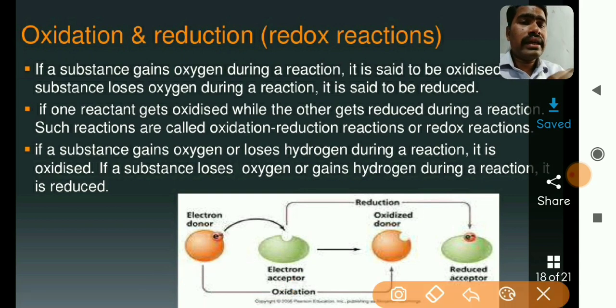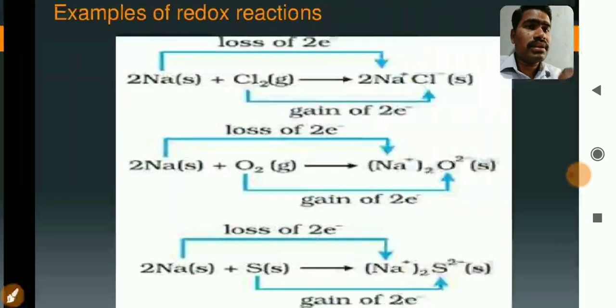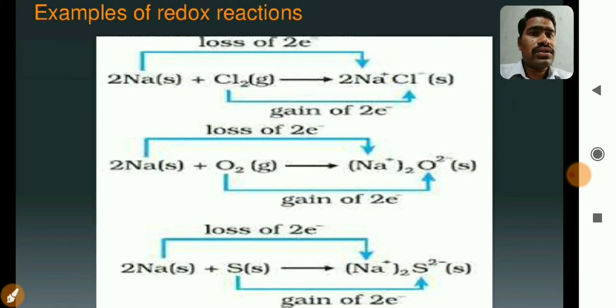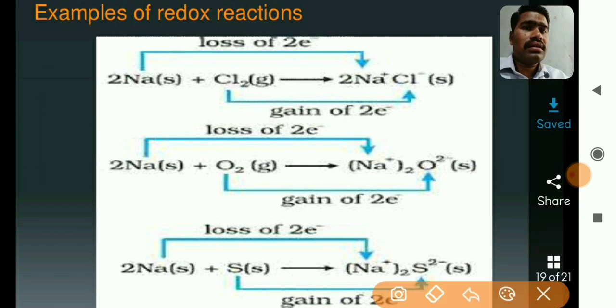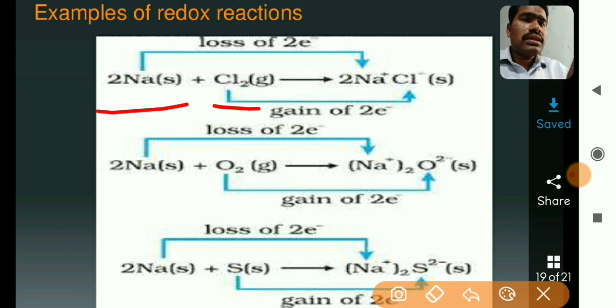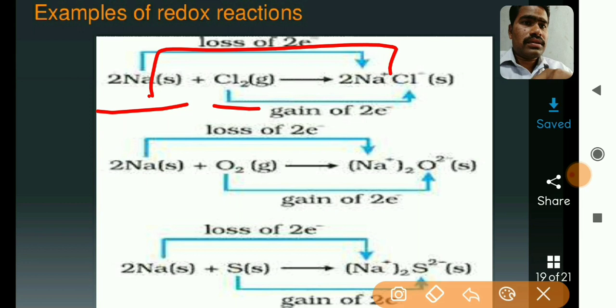Now we'll take the example in the next reaction. See examples of redox reaction. Now if you see these different types of reaction, Na plus Cl2, this is a simple reaction where we can understand the redox, that is oxidation and reduction simultaneously. Now see, Na is getting converted into Na plus.